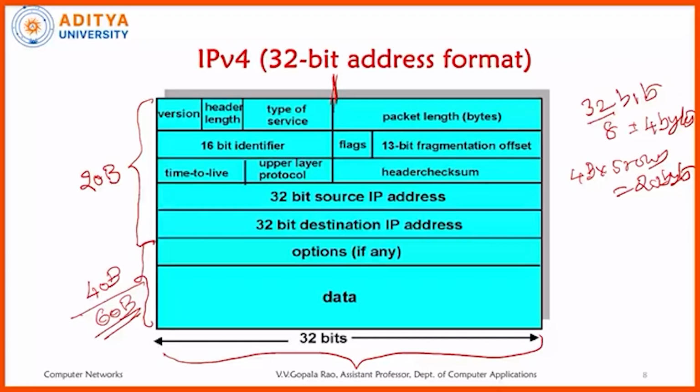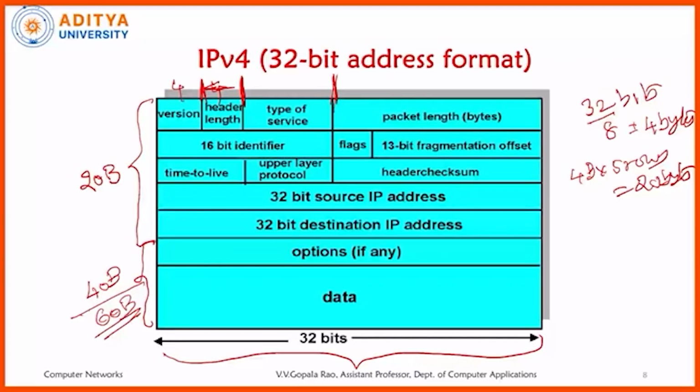Again, this 16 bits is divided further. There is another important line, with 8 bits on the left side and 8 bits on the right side. Again this left side portion is divided into 2 portions, 4 bits and another 4 bits.